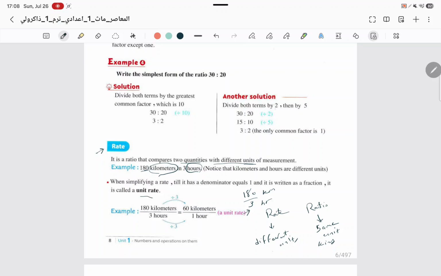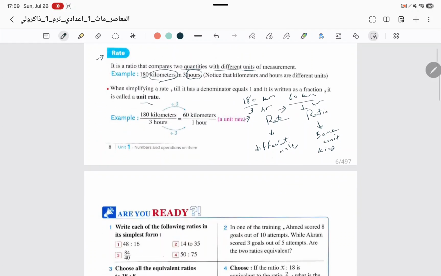It's called a unit rate. So 180 over 3 is 60 kilometers over 1 hour, and this is the simplifying of the rate.